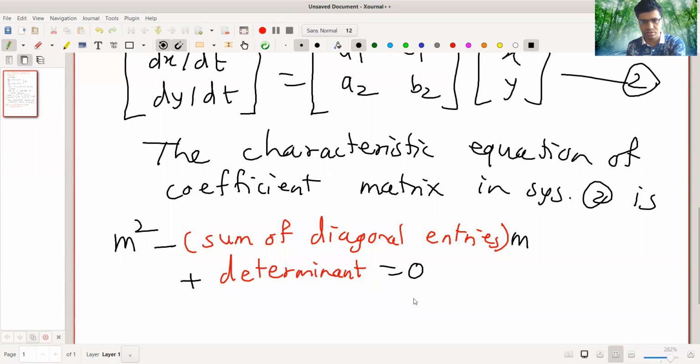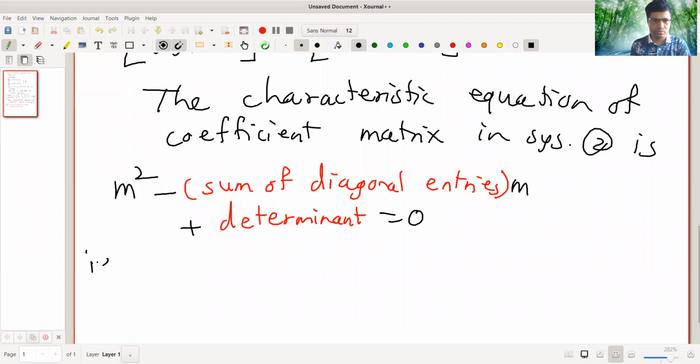That means m square minus sum of diagonal entries.